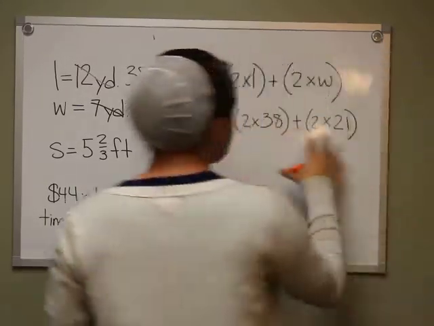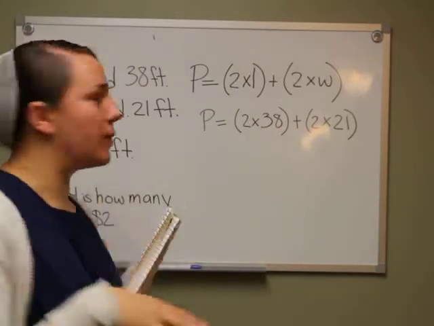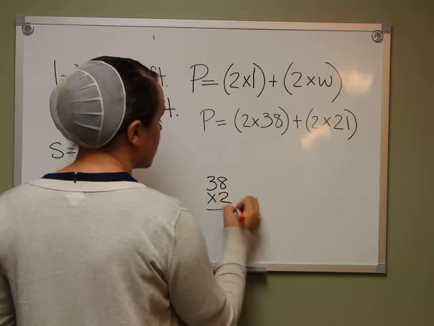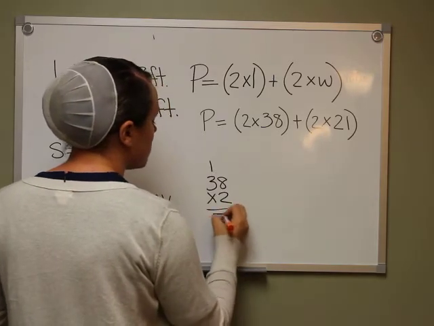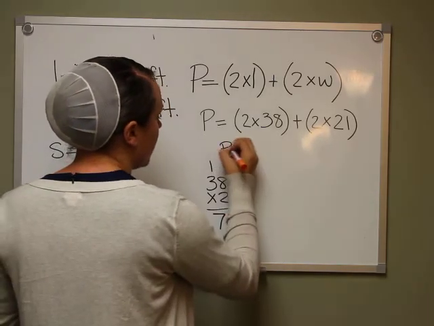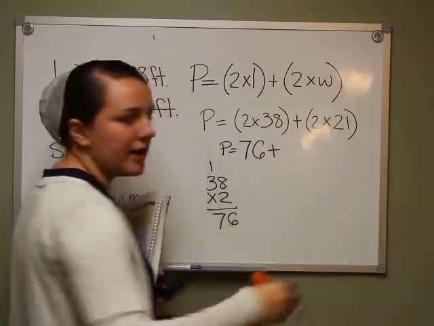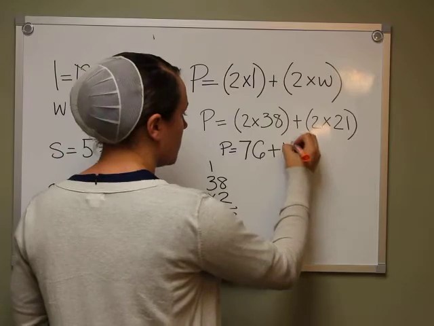Alright, now we can multiply, do what's in parentheses first, and then we will add them together. So we have 38 times 2, 8 times 2 is 16, 3 times 2 plus 1 is 7, so we have P equals 76, plus 2 times 21 is 42.